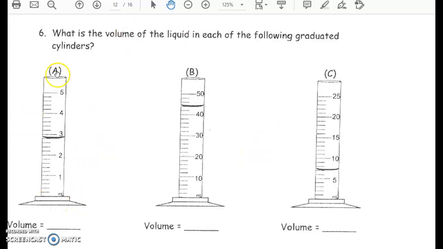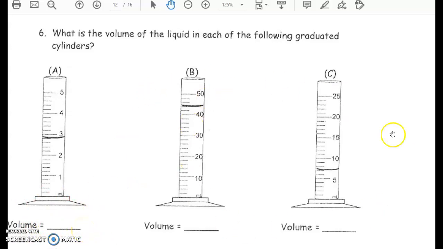So if you remember here, each one of these unmarked lines was 0.2 milliliters. So here we have 2.2, 2.4, 2.6, 2.8 is where our meniscus is reading. So your answer down here for volume is going to be 2.8 ml.